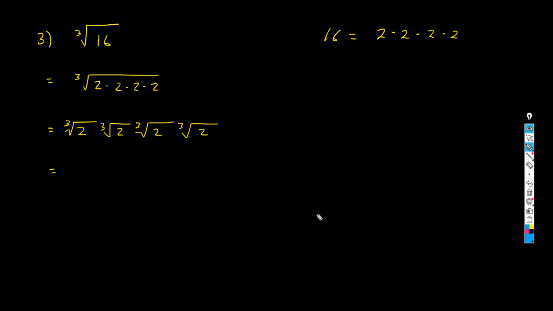By definition, the cubic root of a number x is a number that has the property that when you multiply it by itself 3 times, as many times as the index tells you, what do you get? You get the number inside the radical.